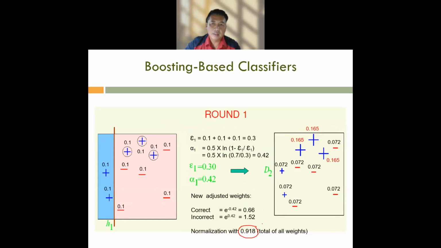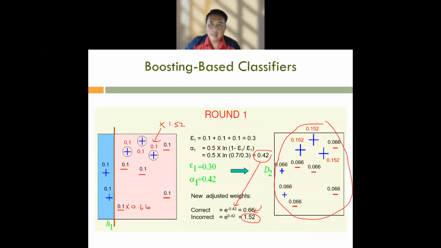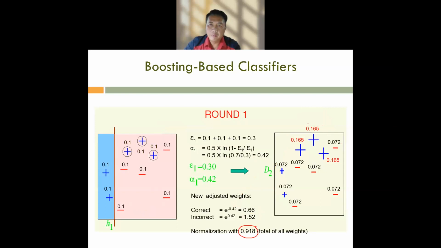So what happened is that I will take this value, 0.152, and divide it by 0.918. Then I get this value. So that is the normalization process.